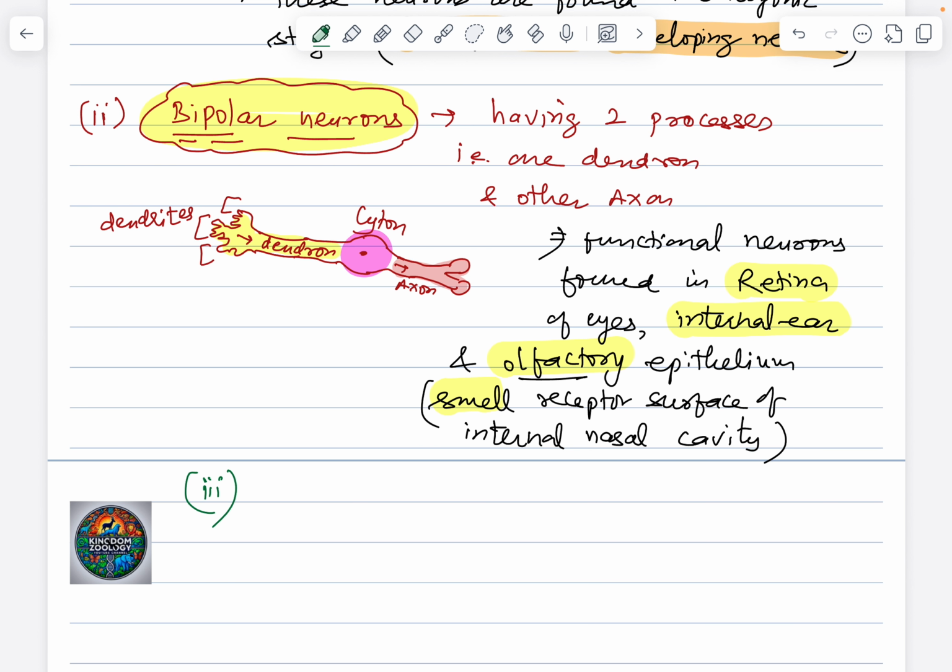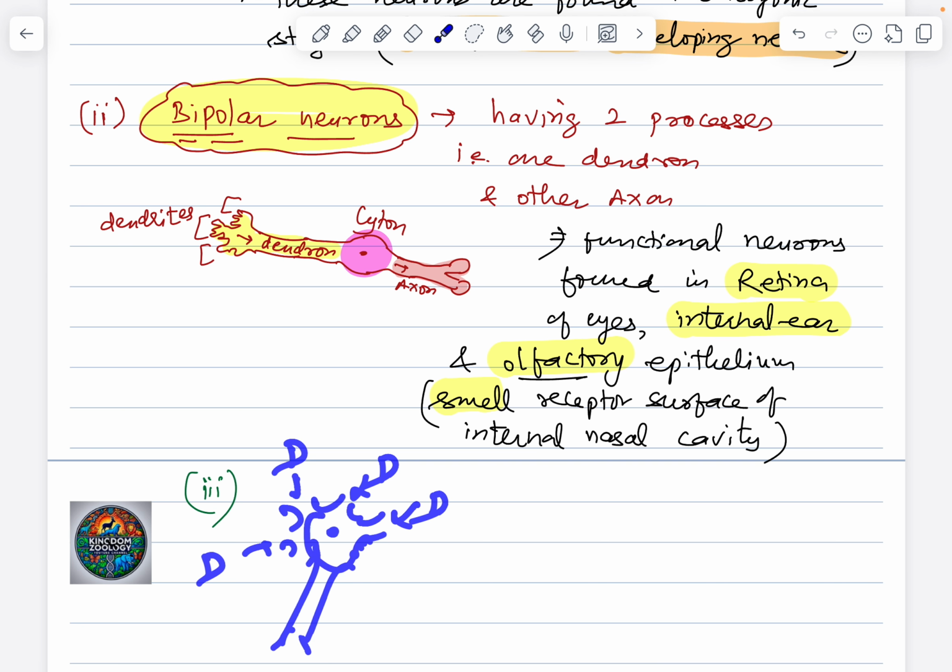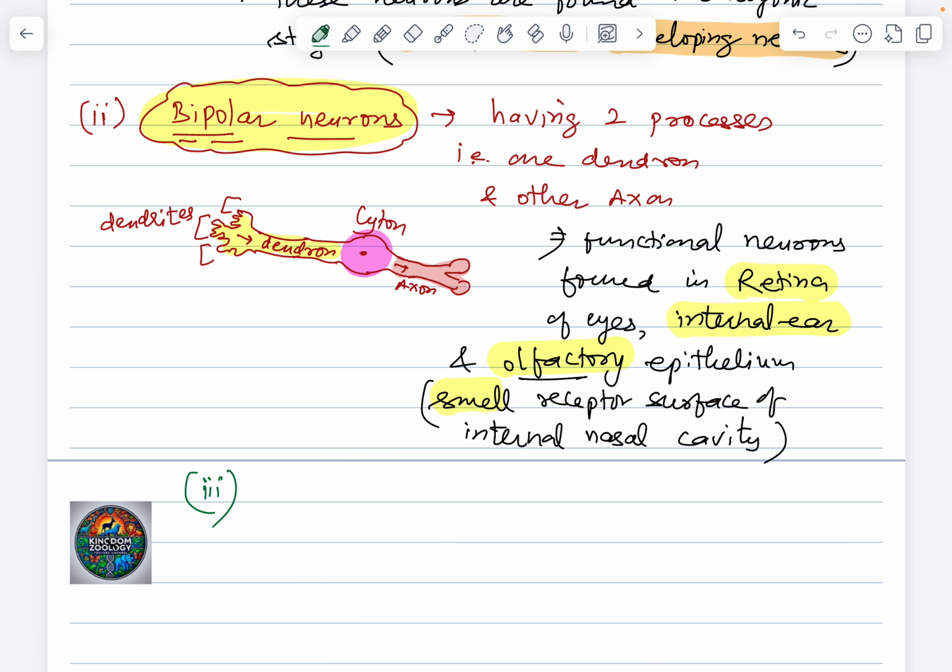The structure, lecture number 1 of a neuron that we discussed, with a single cell body and a lot of dendrons and a single axon. This typical structure where we had a lot of dendrons here, a single cell body and a single axon, this was a multipolar neuron.